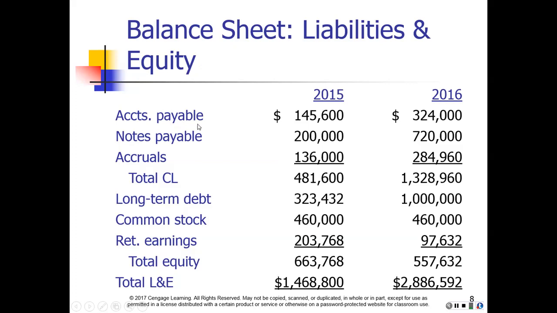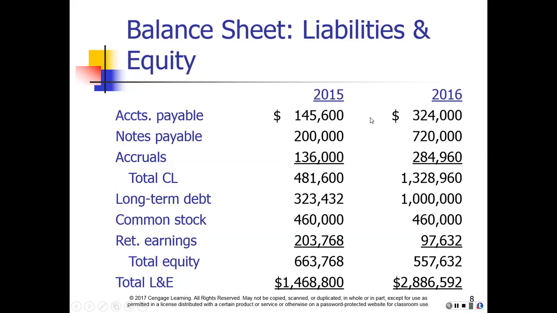So there's accounts payables. It's the other side of accounts receivables. Accounts receivables on the asset side came from when we sold on credit. Accounts payables here on the liability side come from when we buy on credit. So it's this amount that we owe to our suppliers at this point in time at the end of the year.